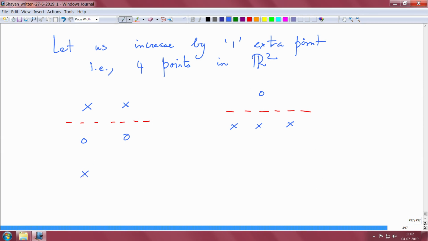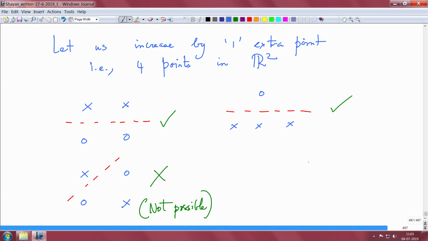So if I have a configuration like this, clearly I cannot have a line that can separate, this is not possible. Right, it is not possible because with one line I have this cross which appears on both the sides of the boundary and I cannot shatter. So this works, this does not.